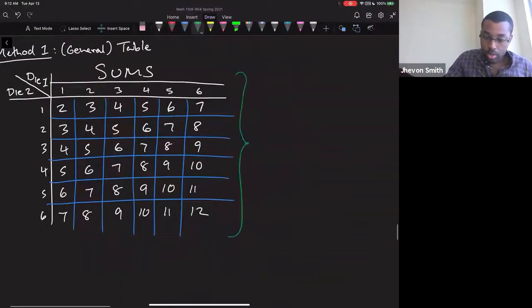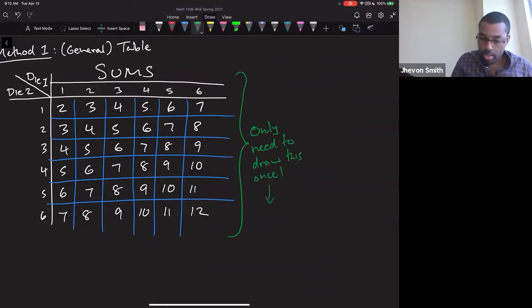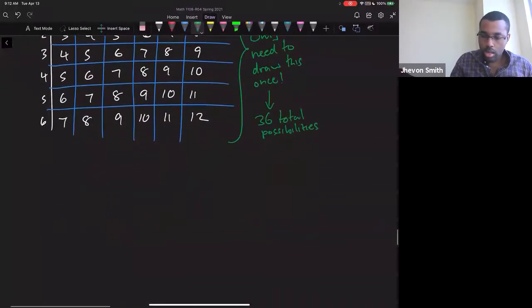Again, you only need to draw this once. But that's all possibilities. Notice that there are 36 total possibilities, which you could figure out by the multiplication rule.